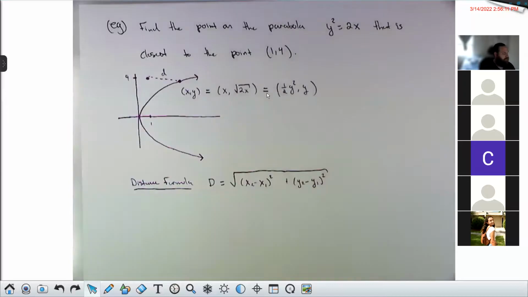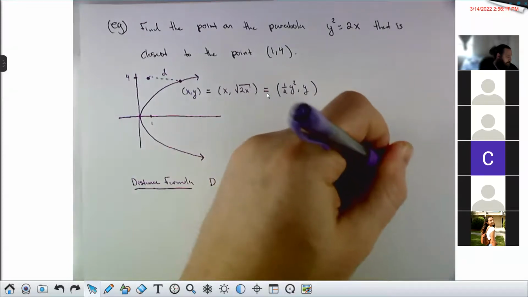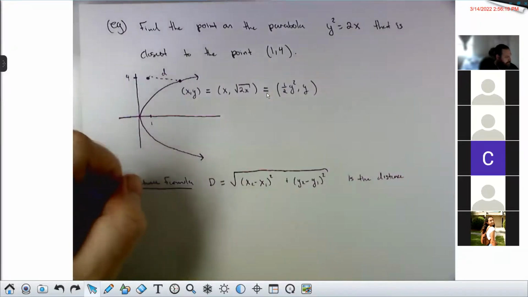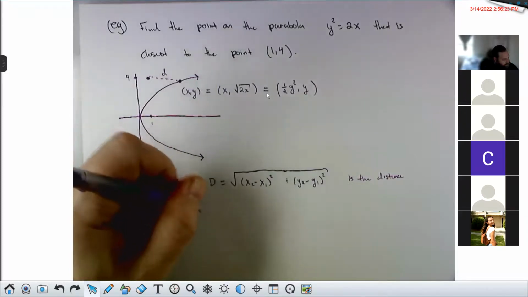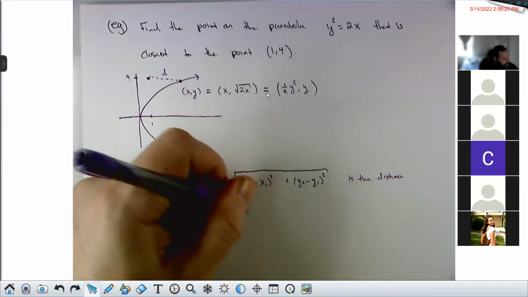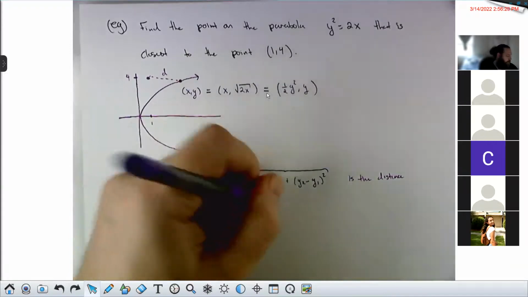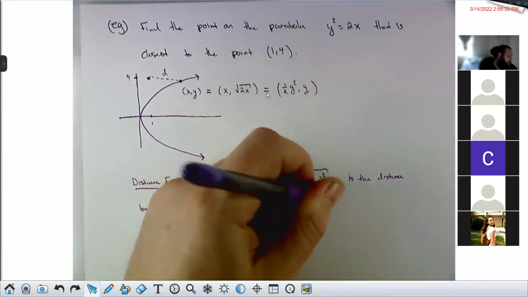That's the formula for the distance between 2 points. Say x1, y1, and x2, y2.